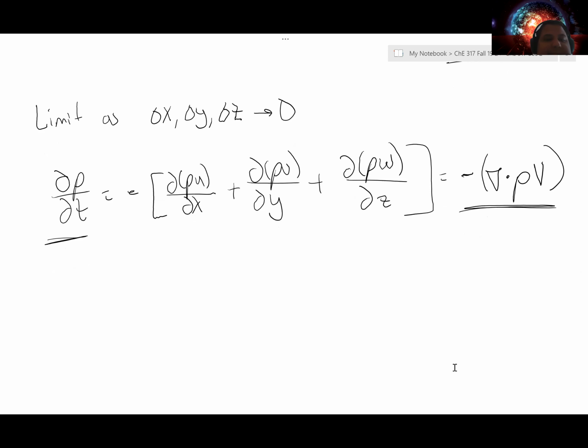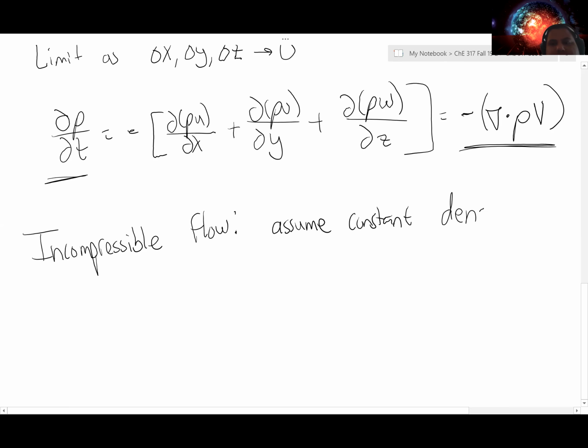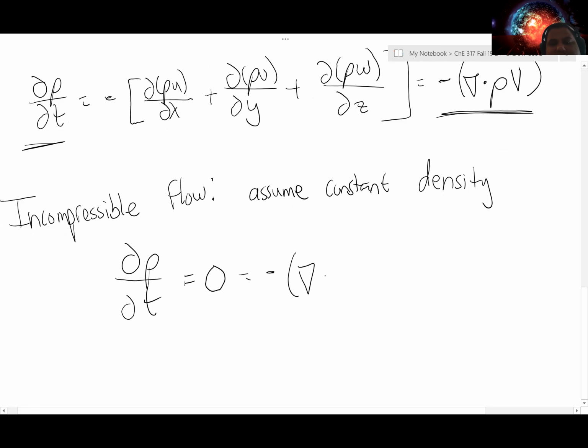And so what we can look at, at least when it comes to incompressible flow, is if we're looking at incompressible flow, we can assume a constant density. Which tells us that this expression equals 0, which tells us also that this cross product must also equal 0.